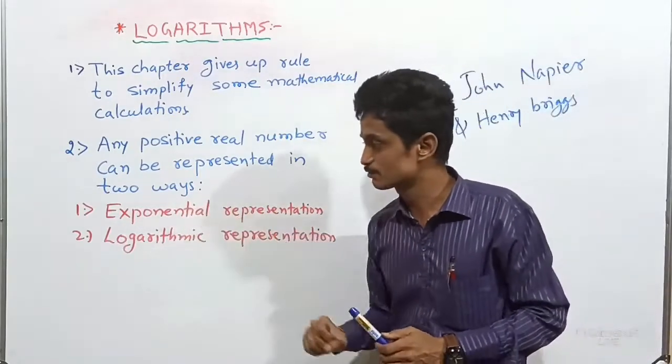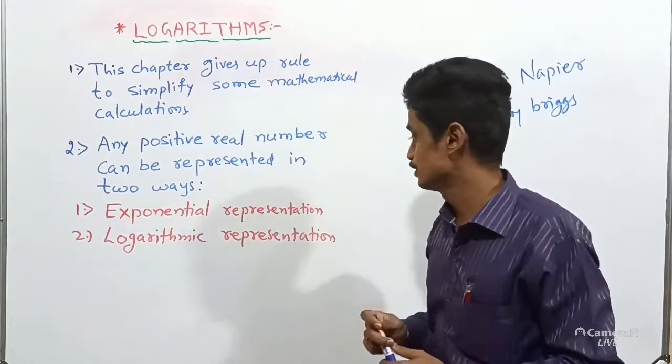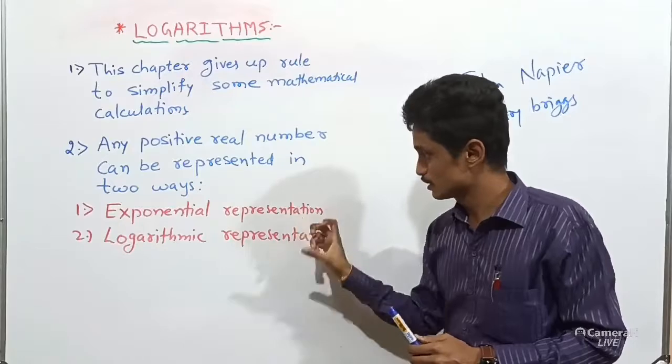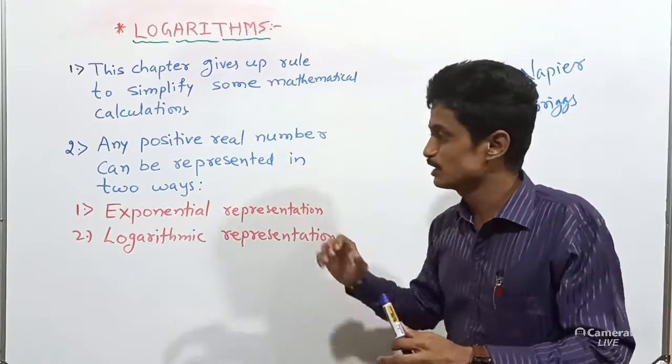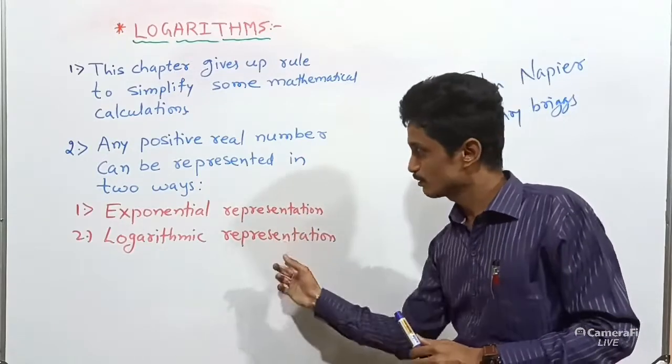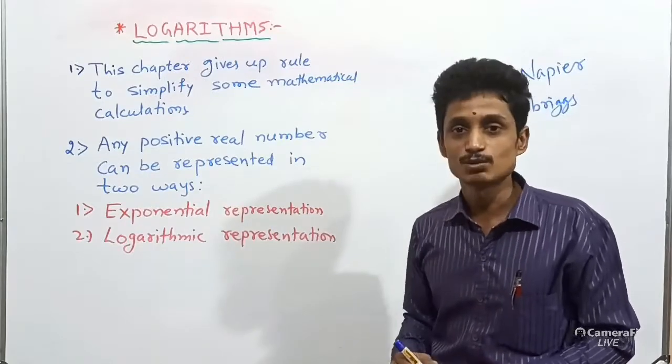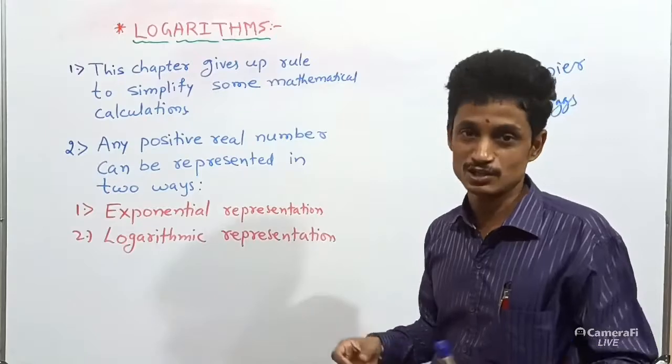First I will discuss the exponential representation, because these two representations are closely related to each other. One will be the inverse process of the other. First we discuss what exponential representation is and how it looks.